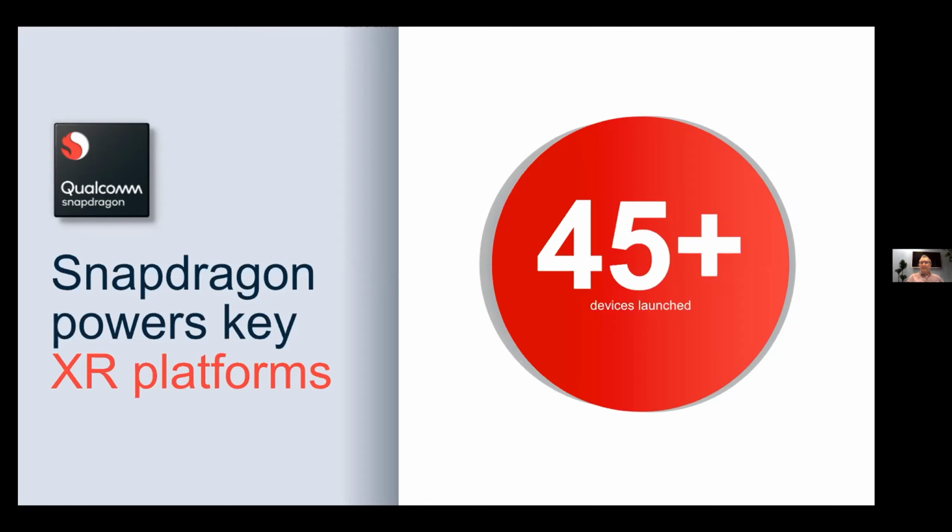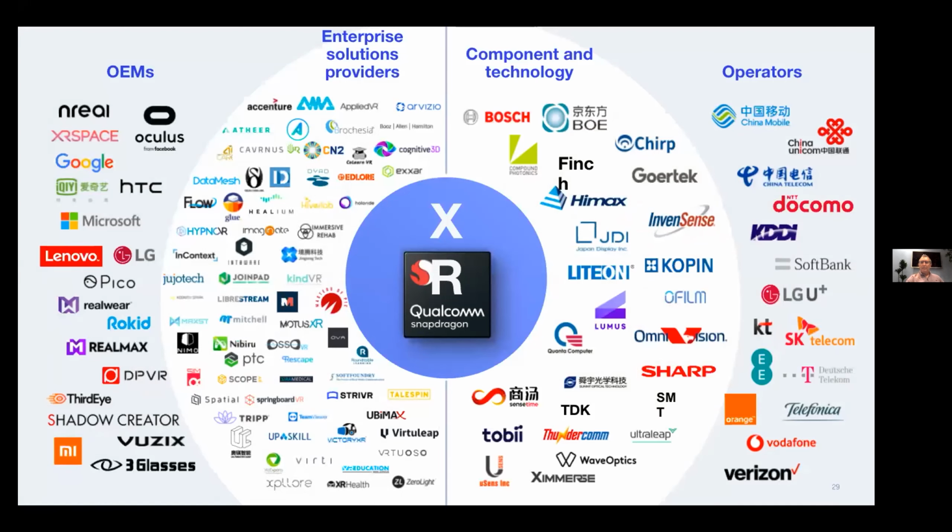Thanks, Steve. Next slide. All right, this slide is a little bit busy, but the purpose of this slide is really to show you what we're trying to do in this space. So if you think about it, we spend a lot of time developing technology. We then take that technology and implement it on chipsets.